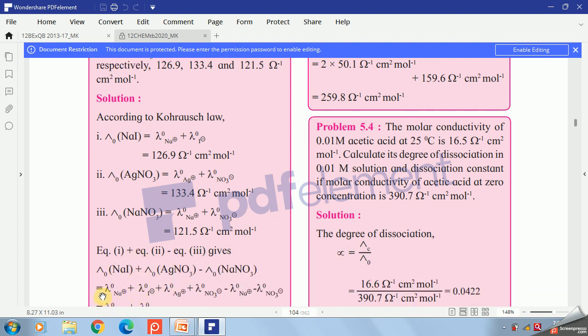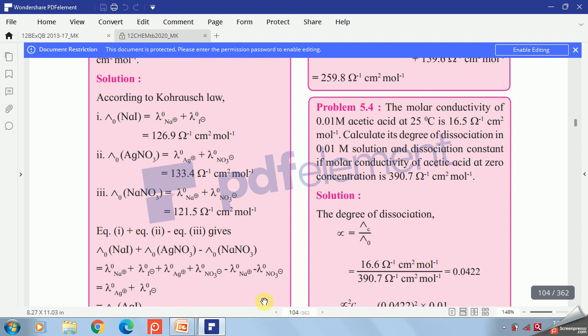So what do we get? Molar conductivity of Na plus at 0 concentration plus lambda 0 of I minus, plus lambda 0 of Ag plus plus lambda 0 of NO3 minus. With the help of these two, the molar conductivities of the ions get added, minus molar conductivity of Na plus, minus molar conductivity of NO3 minus.